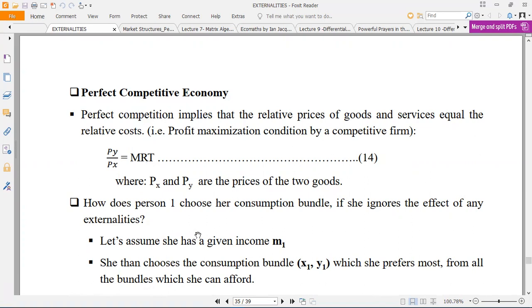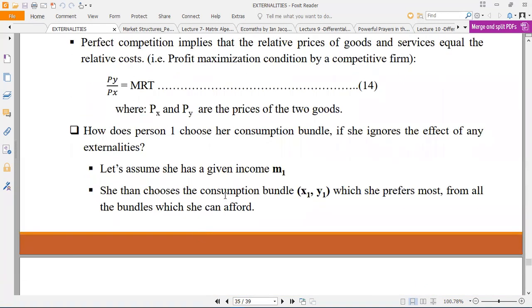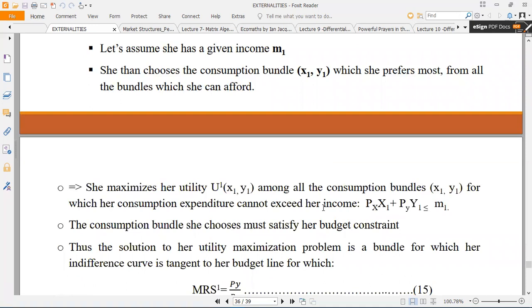Then the consumer. Assuming this individual has income M1, and wants to consume a bundle X1 and Y1, the person tries to choose, out of the different bundles on the budget line, the one that will maximize his satisfaction. Your total expenditure couldn't exceed your income.